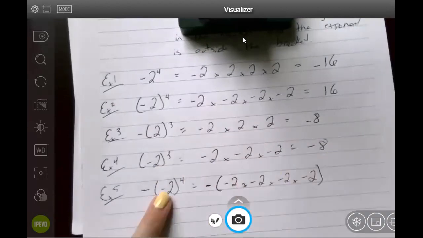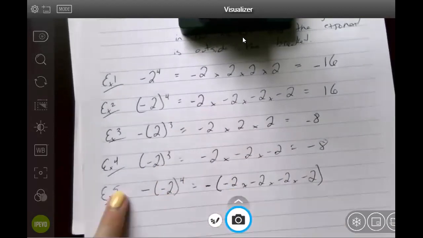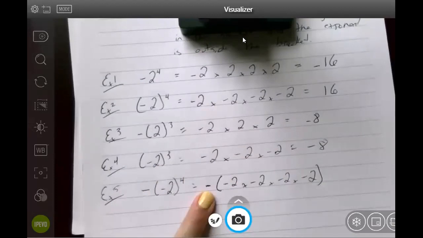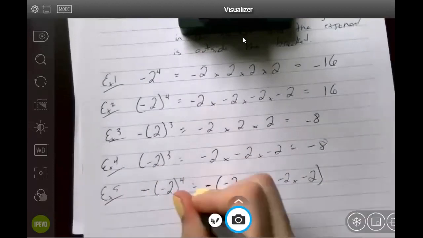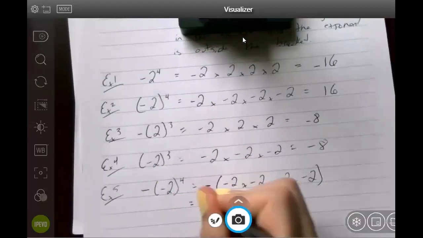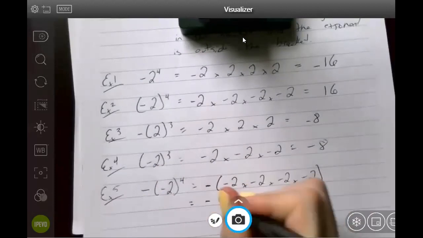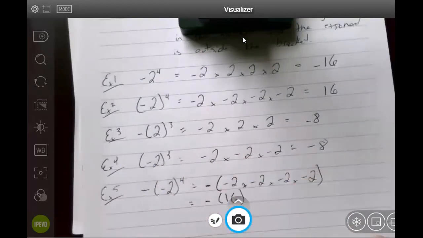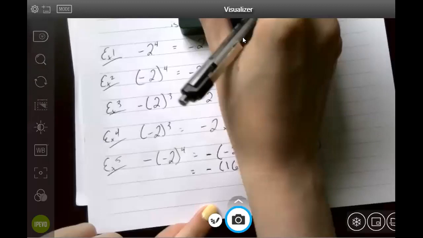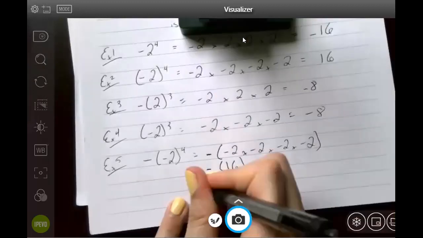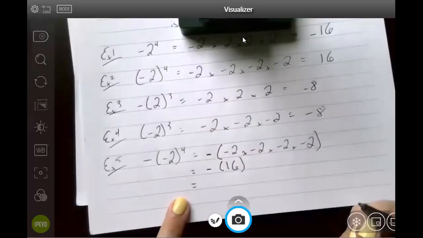Because my negative and my 2 are getting held together for the repeated multiplication, I'm just keeping this extra negative sign out front. What I would end up having there is still my negative in front, and then 16 as an answer, which would end up as negative 16.